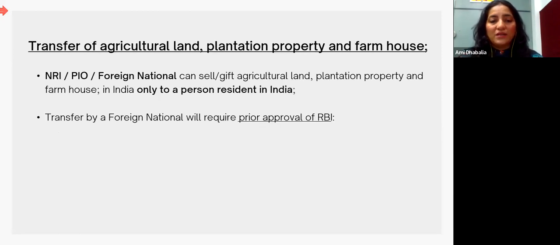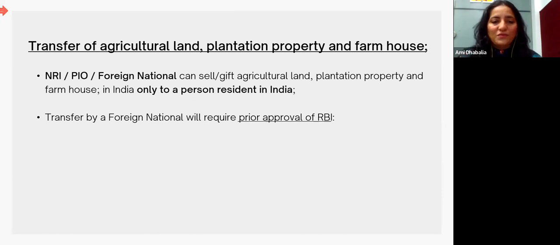Last is who can transfer agricultural land, plantation property, and farmhouse. NRI, PIO, foreign national can sell or gift agricultural land, plantation property, and farmhouse in India only to a person resident in India. Now we can ask, how did a foreign national receive an agricultural land in the first place?